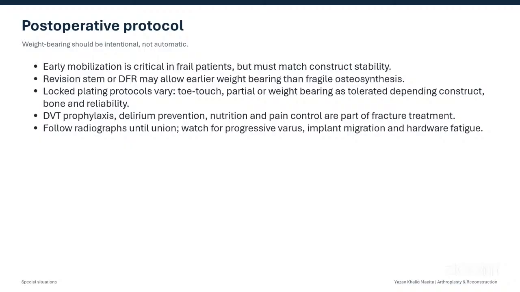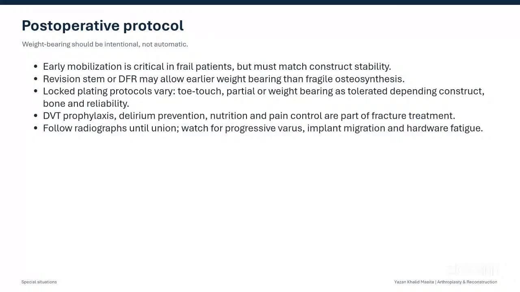Post-operative protocol: weight bearing should be intentional, not automatic. Early mobilization is critical in frail patients, but must match the construct stability. A revision stem or distal femur replacement may allow earlier weight bearing than fragile osteosynthesis.